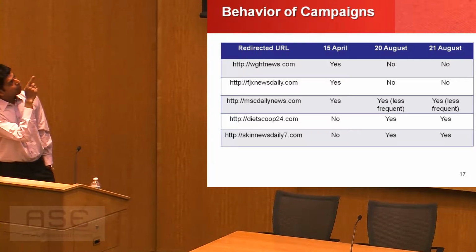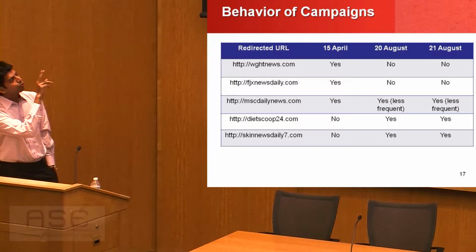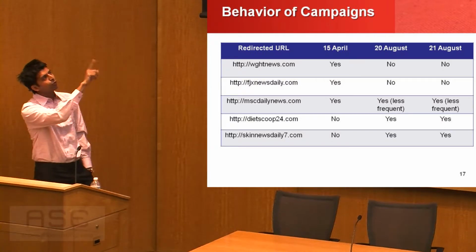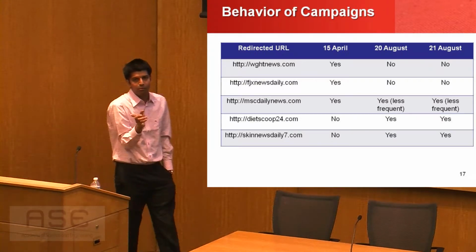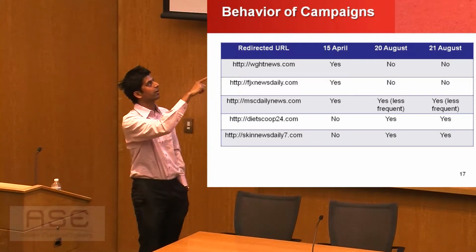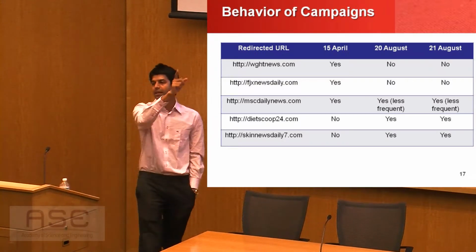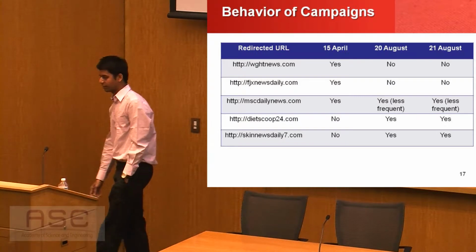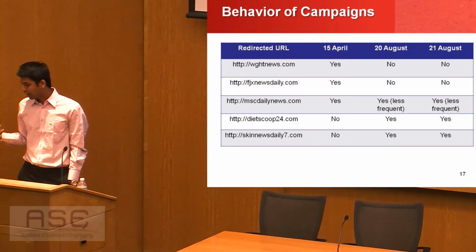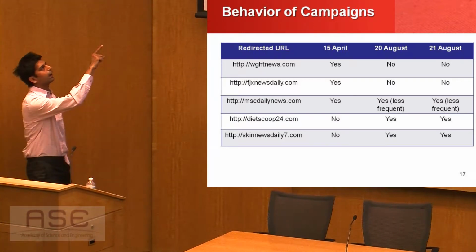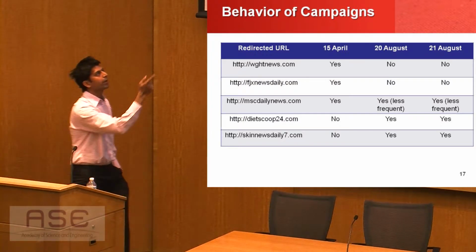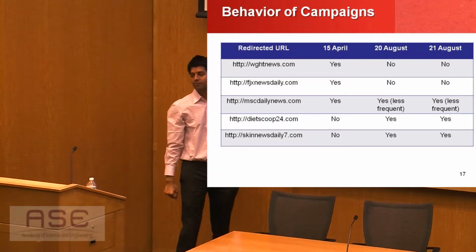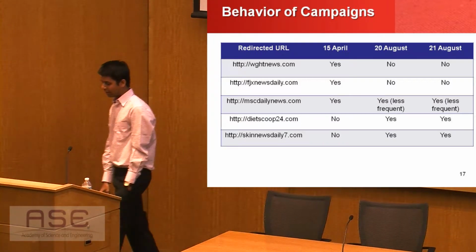The third one appeared on 15 April as well, but the first two are not available for 20 and 21 August, which means they promoted at that time, then didn't promote in the month of August. But the third one was repeated in August. Similarly, in August, we have two dominant redirected URLs, the last two, but they didn't appear in the data of April 15. So this is kind of interesting.